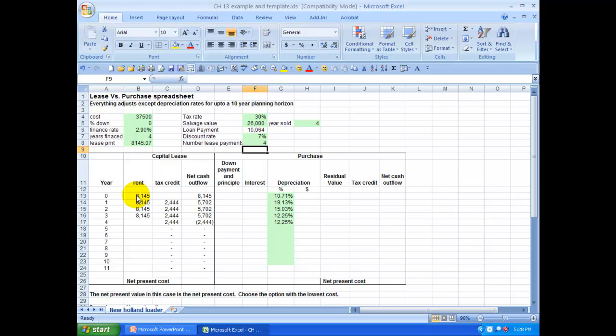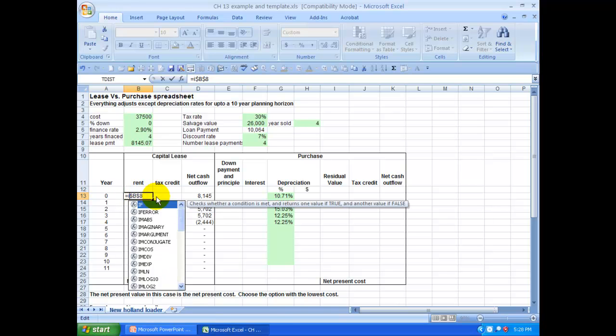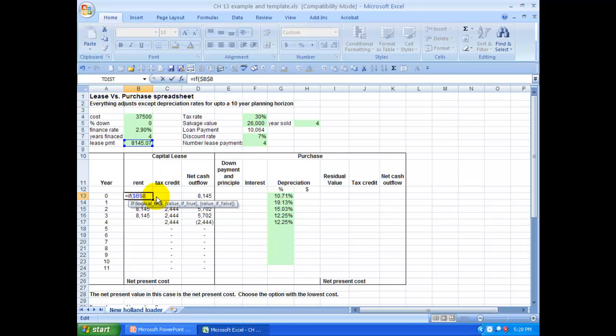The way that we fix that is around this B8, we do an if statement. So we say if, opening parentheses, then we need a test.